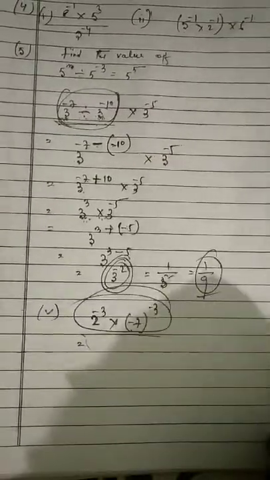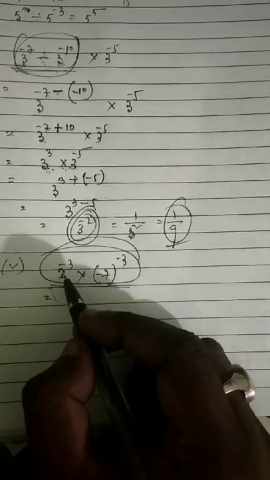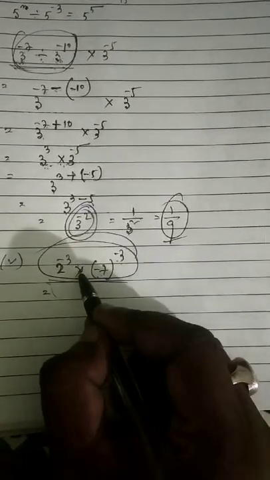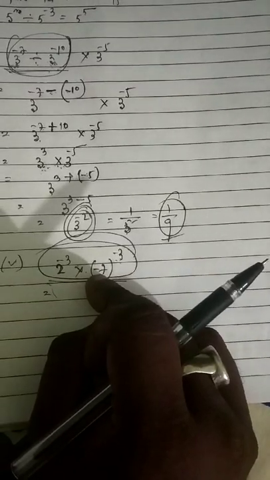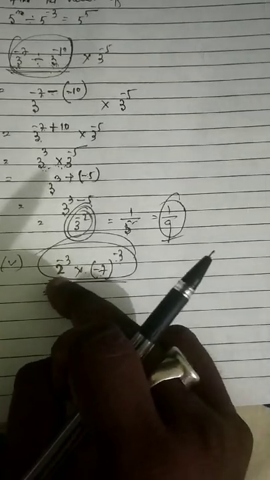So what would be the process? Children, whenever we have such a format of questions where bases are different but powers are the same and they are in multiplication, multiply their bases and keep the power the same. I'm repeating my words once again.